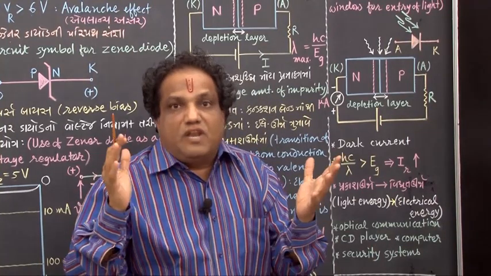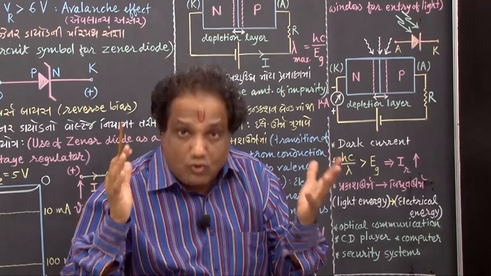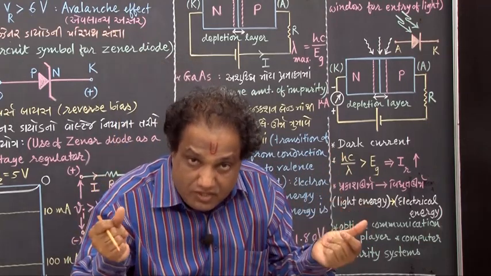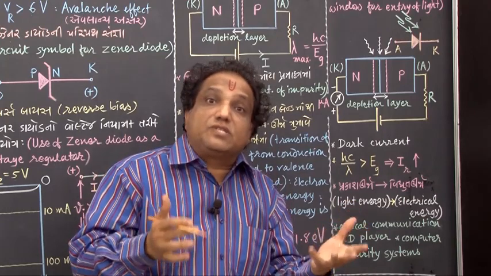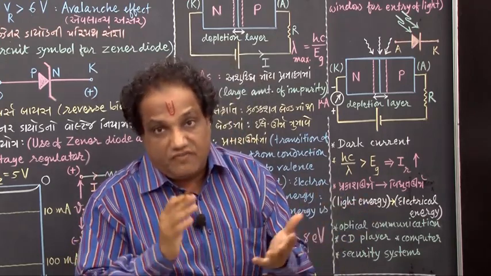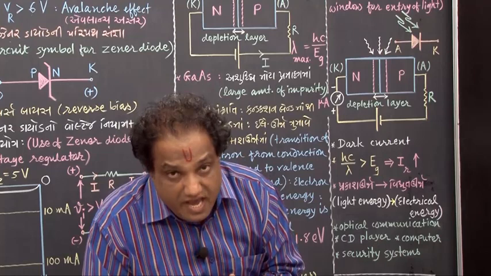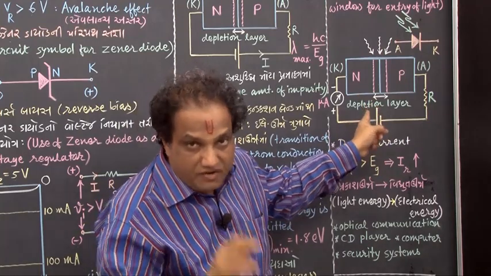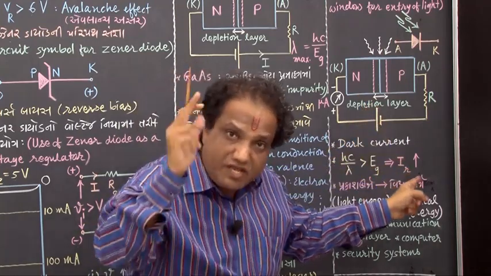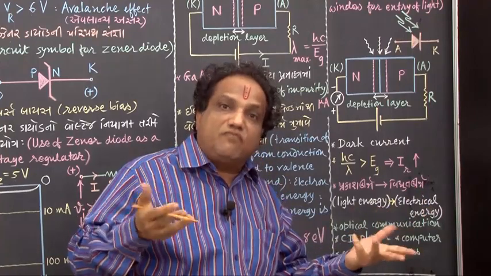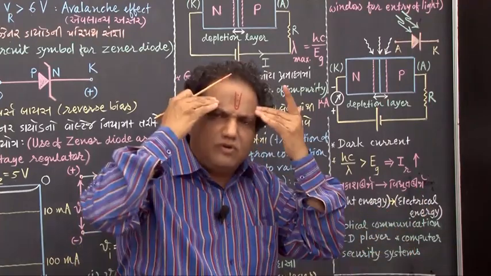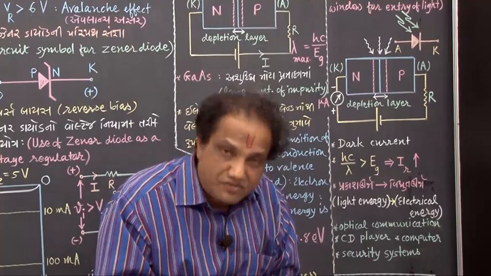So if more electron hole pairs are generated, it will increase the number of charge carriers. Because this circuit is in reverse bias condition, the reverse current will increase because of the release of more charge carriers. Fine.